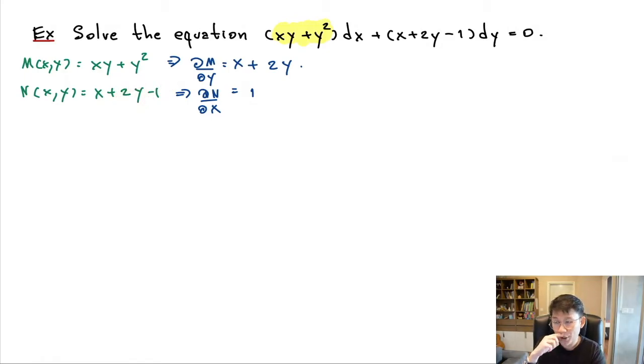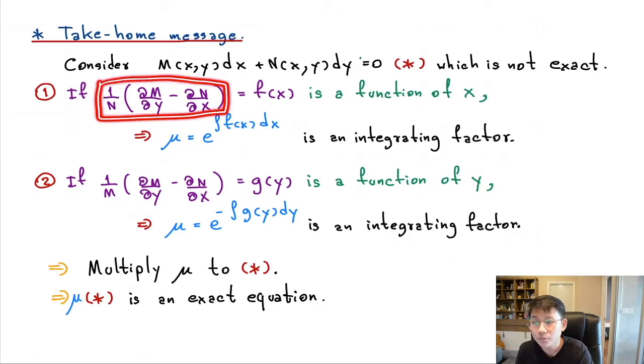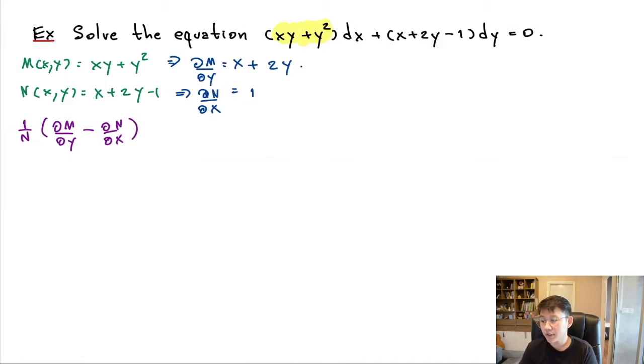Okay? So first, look at the take-home message. We need to look at this guy: 1 over N, dM by dy minus dN by dx. What is it? Okay, guys. First, we can see that this is not exact, right?